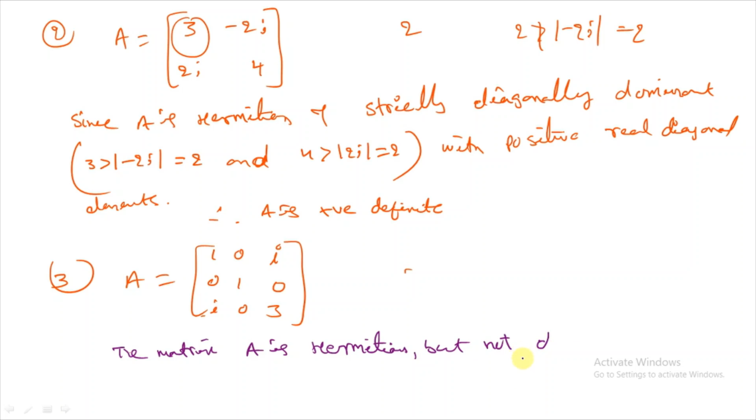It's not strictly diagonally dominated. That means this method is not applicable.